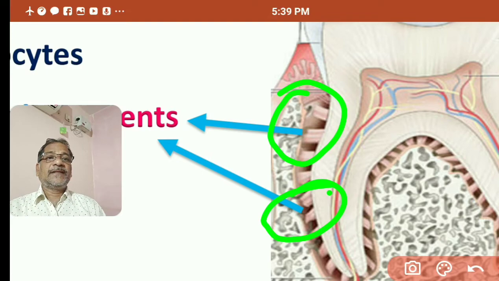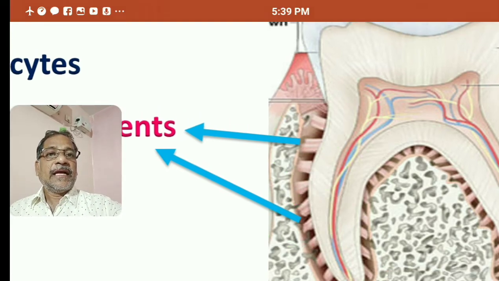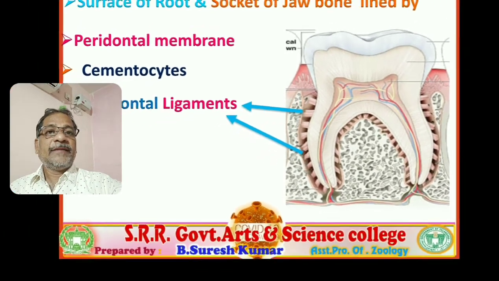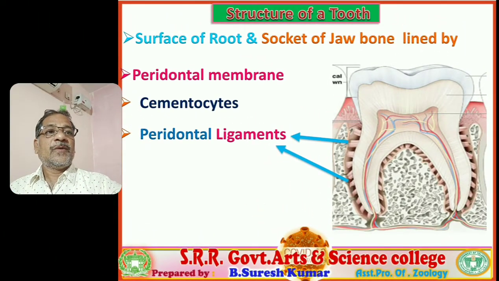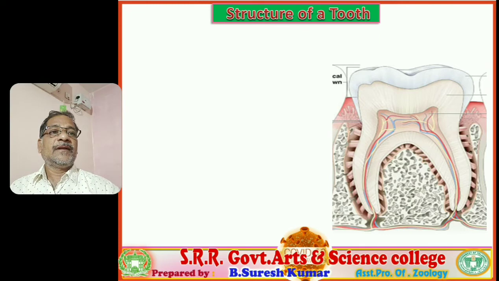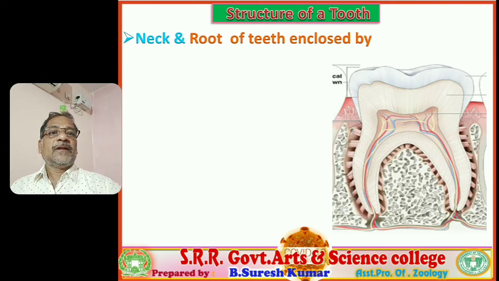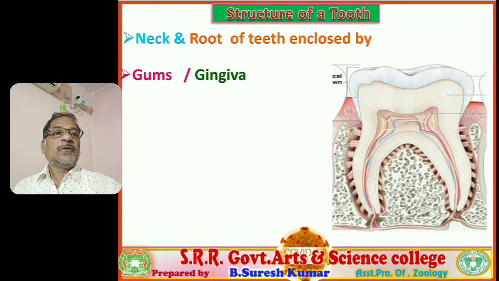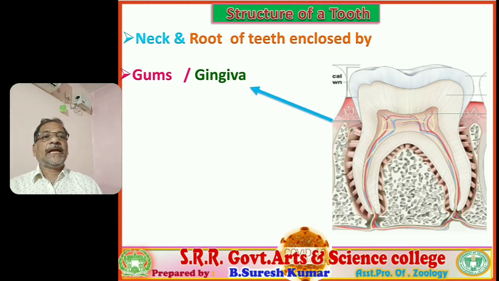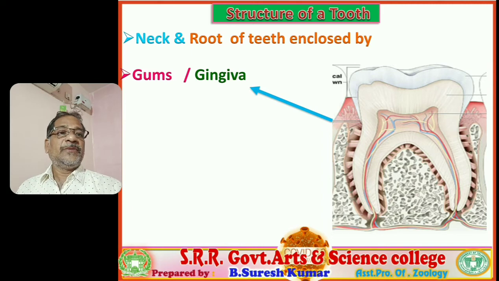Alert. So these are periodontal ligaments, right? The periodontal ligaments are made up of what? Collagen fibers. Next, the neck and root of teeth are enclosed by gums, otherwise also called gingiva.